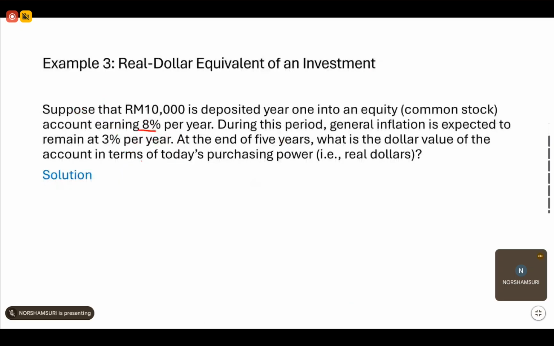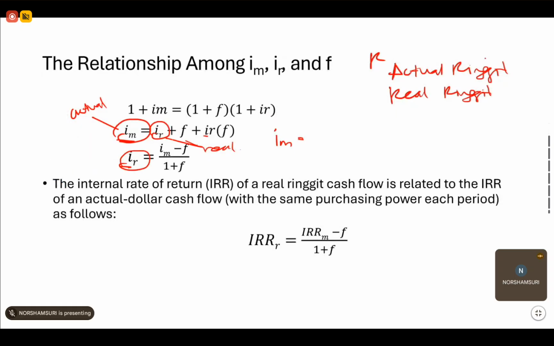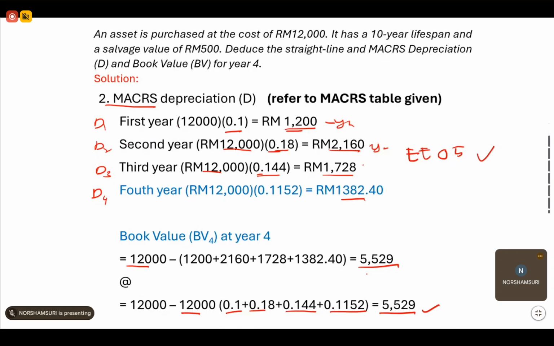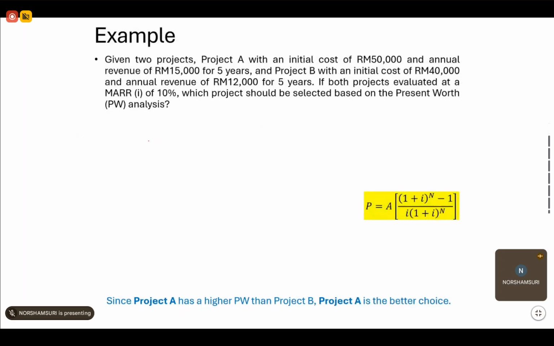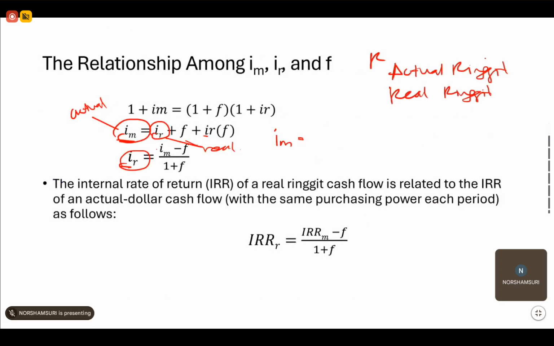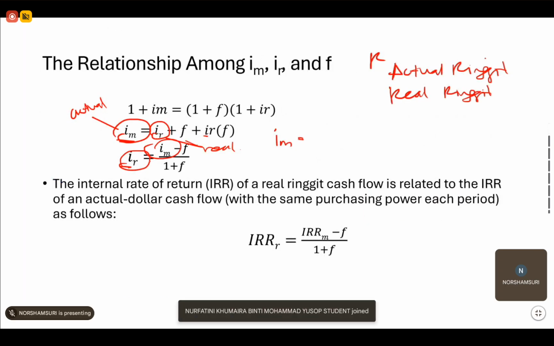So you can use this one, for example, to calculate the value. So here, for example, this one is 8% per year. Actually, it is the actual market value. I mean the IM, the actual market value.